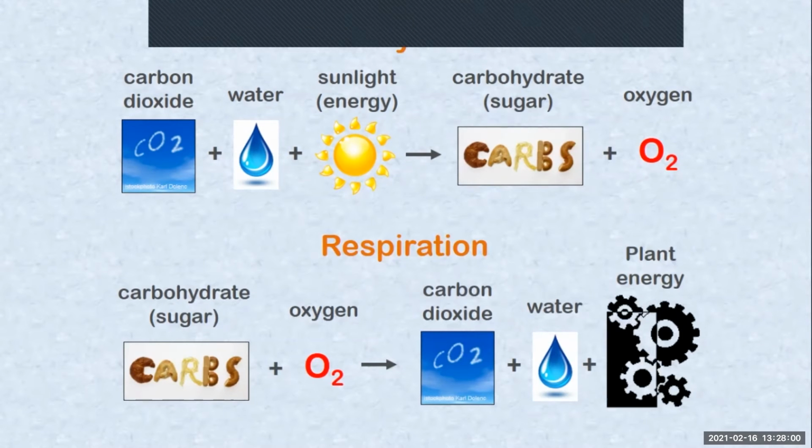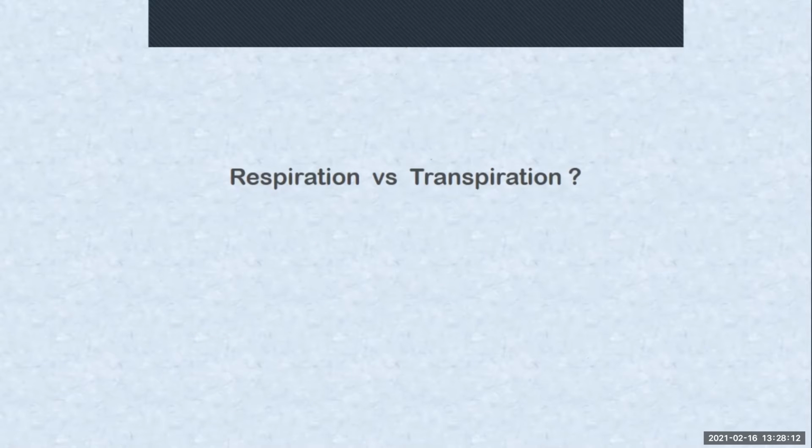Respiration requires oxygen, and that oxygen is what is used to break down the carbohydrates into usable energy. So respiration is breaking down of those carbohydrates using oxygen. Transpiration, if you remember just a few minutes back, we talked about transpiration. That is the loss of water from the leaves. So keep those two terms in mind, especially if you're working on that exam.